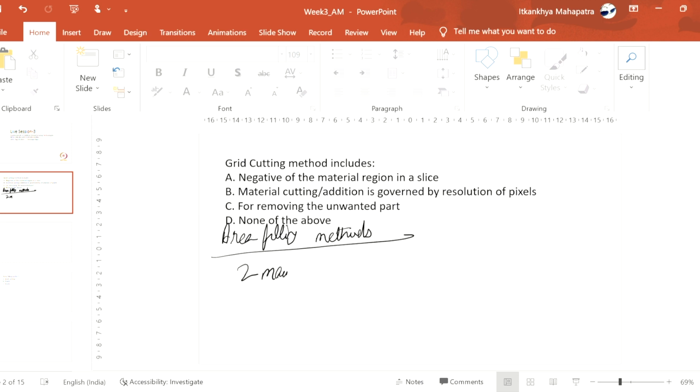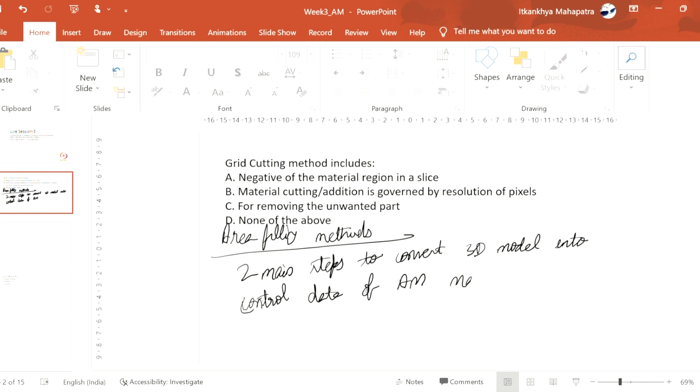Two main steps to convert a 3D model into control data of an additive manufacturing machine: one is slicing and another is tool path planning. Now there are three different types of tool path. So we will gradually understand what is grid cutting method.